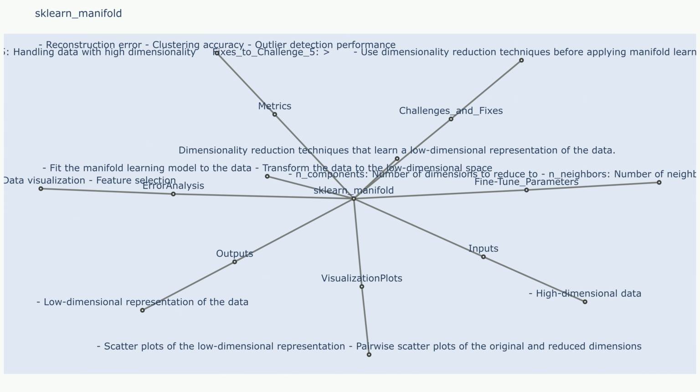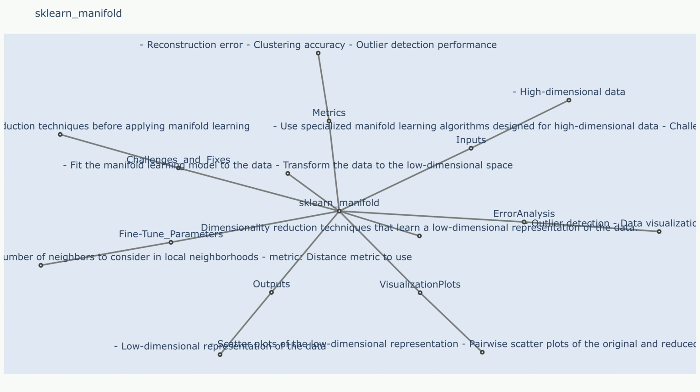Challenge 2, nonlinearity. When the data exhibits strong nonlinear relationships, the manifold learning algorithm may fail to capture the underlying manifold structure. Sample use case that resulted in challenge 2: a dataset with complex nonlinear relationships between features. Fixes to challenge 2.